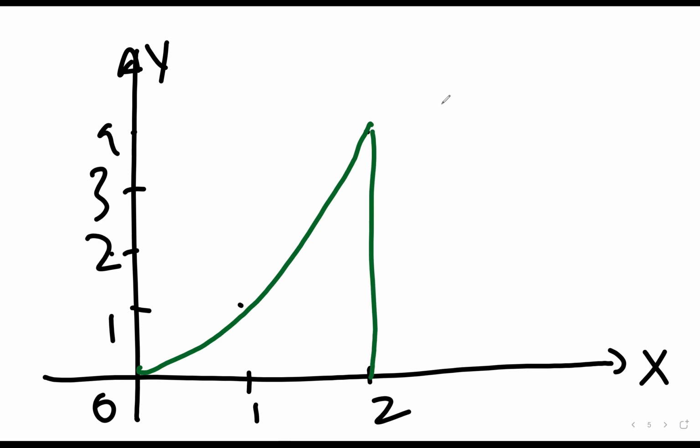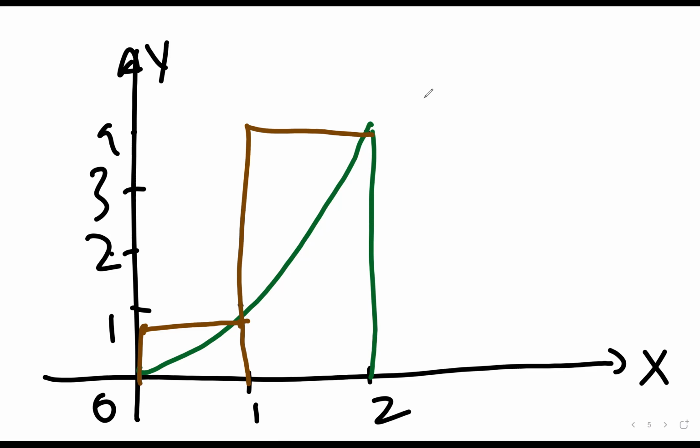So the idea is that we can approximate it by, let's say, if I draw a rectangle here, for example, this one, and also this one. I just simply approximate it.